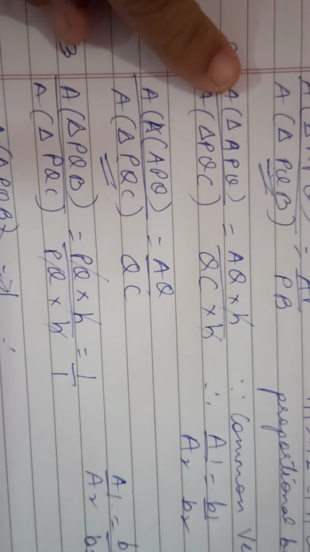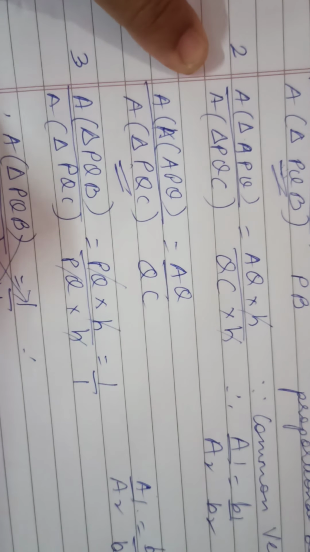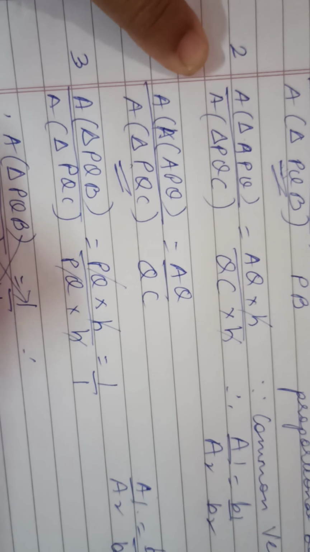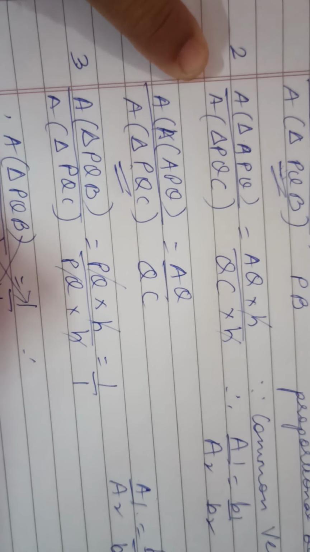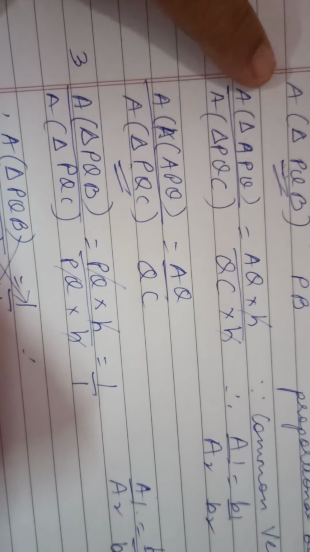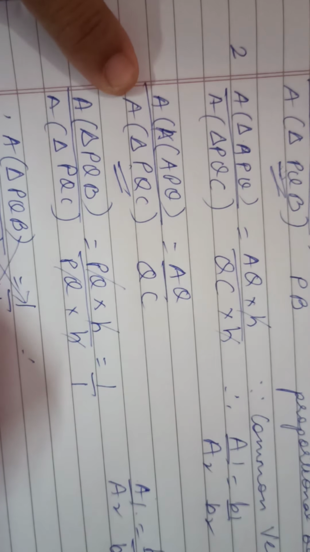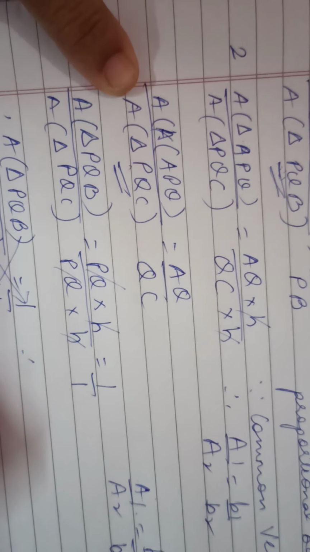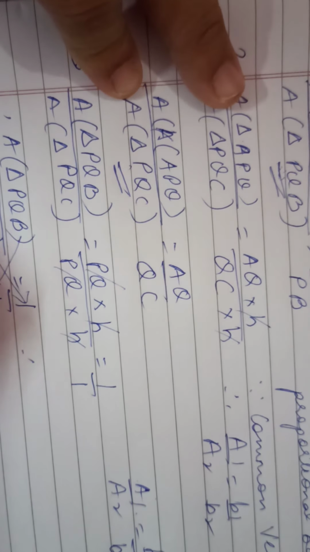Area of triangle APQ upon area of triangle PQC is equal to left hand side of this, area of triangle APQ upon area of triangle PQB.